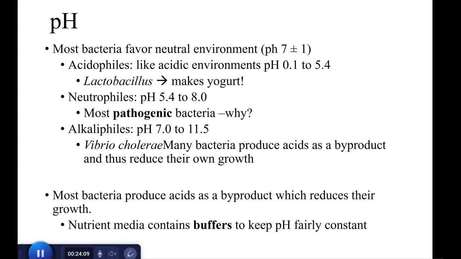These happen to be the most pathogenic bacteria. Think about why that is. The reason for that is that we are mostly neutrophiles. So in most places in our body, especially like our blood and small intestine and large intestine, it's going to be more of a neutral environment.